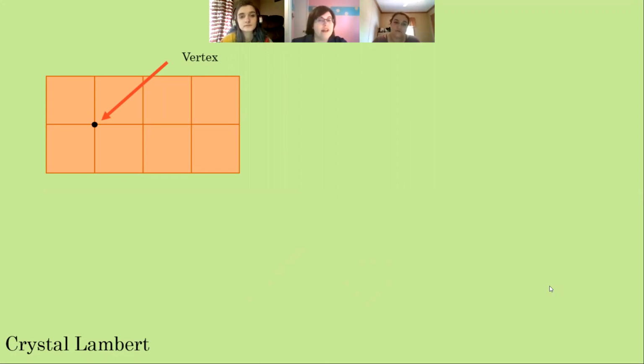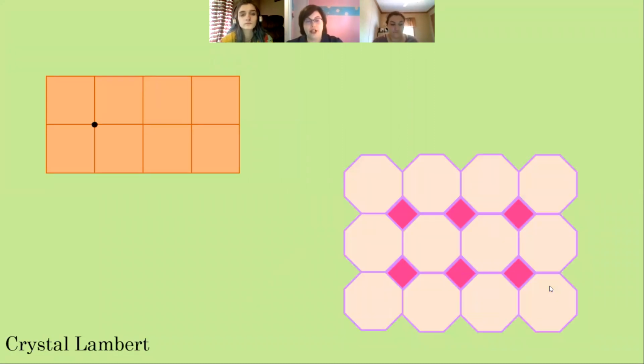Hey, Crystal, is there anything other than a regular tessellation? There are other types of tessellations. In this particular problem, we're also going to talk about a semi-regular tessellation, and that is when you have 2 or more polygons that can make a pattern that meets flush. Remember, side by side, we don't want it overlapping, that doesn't count. So side by side, and they have a vertex, and this pattern repeats.